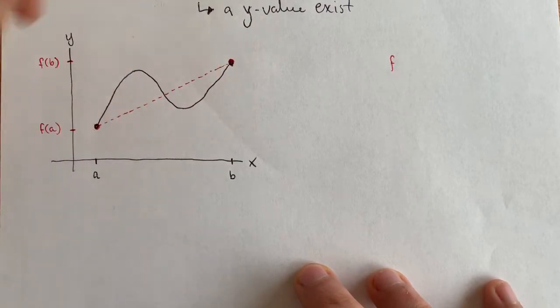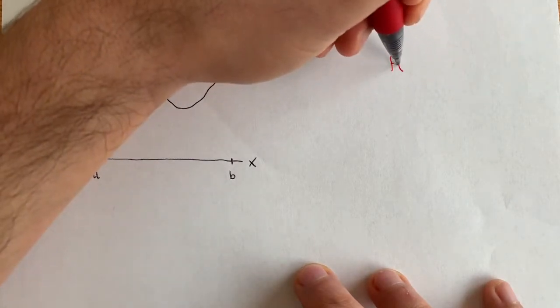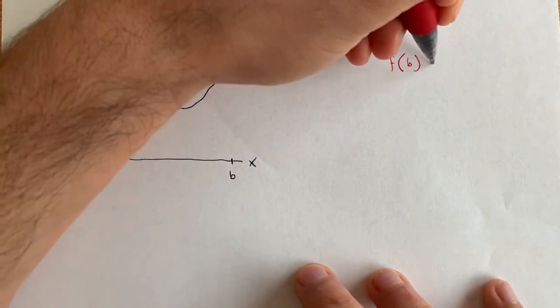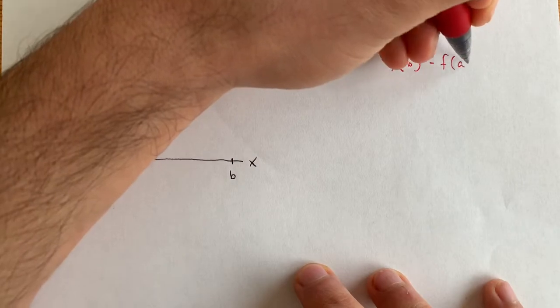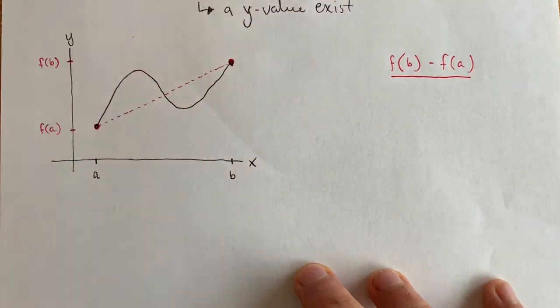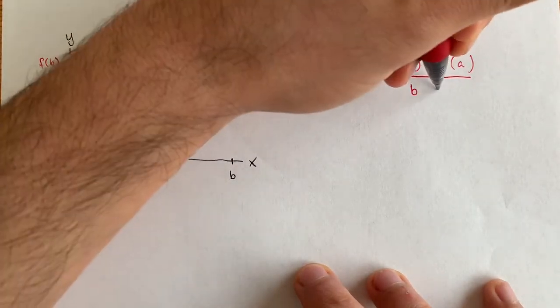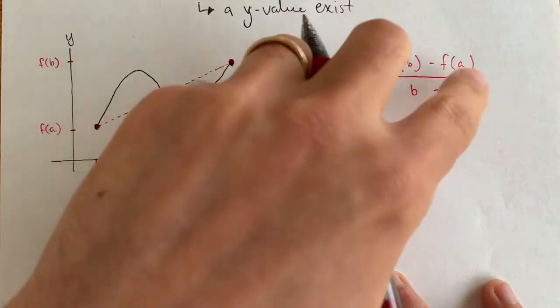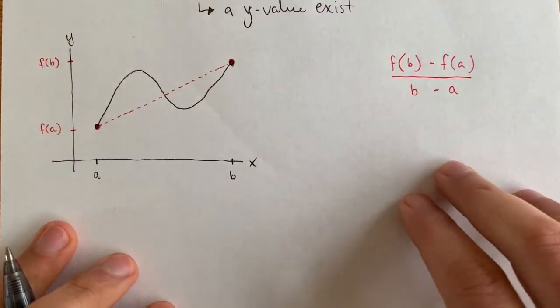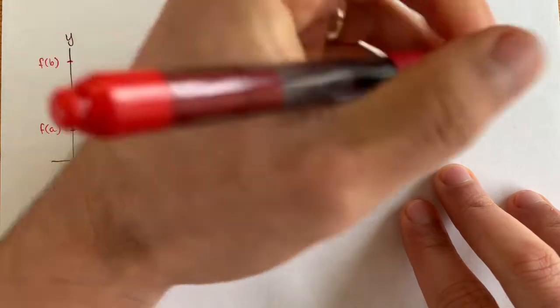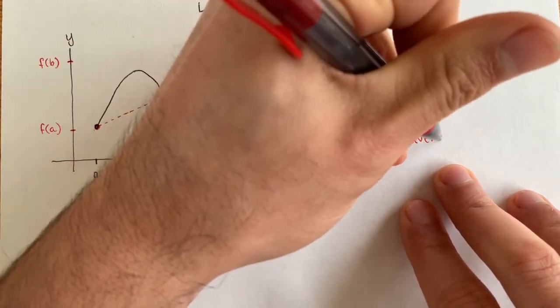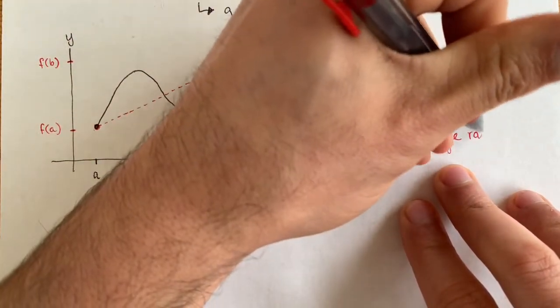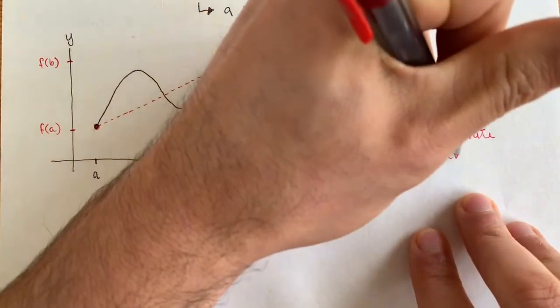So this rise over run would be y2, f of b, minus y1, f of a, over b minus a. And so that's the slope of the average rate of change. That's the average rate of change.